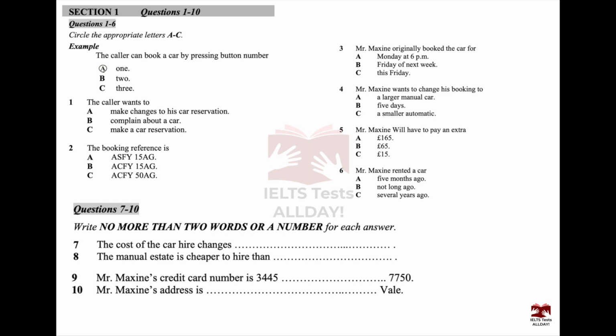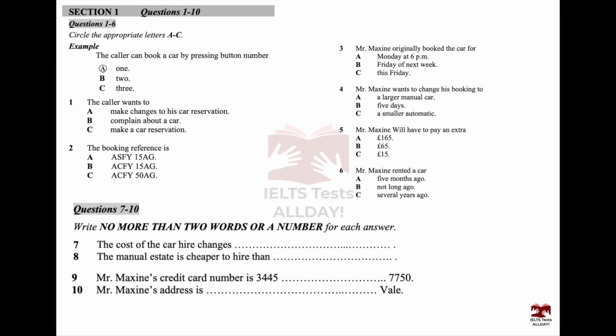Good morning, Melanie speaking. How can I help you? My name is Mr. Maxine, and I booked a car several days ago to be picked up from Heathrow Airport in London, and I'd like to change the booking. I see. Have you got a reference? Yes, I have it here somewhere on a piece of paper. Here it is.